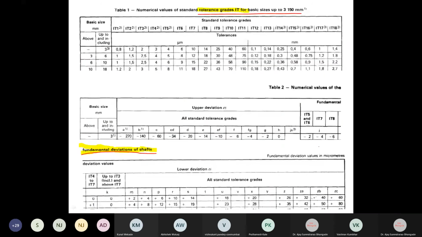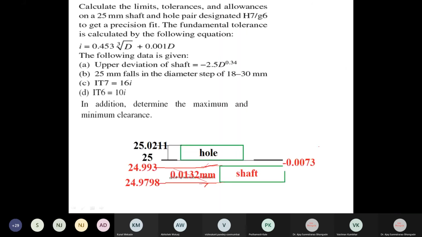I will try to summarize what we had seen today. We had seen how to calculate the maximum limit and minimum limit of the hole and the shaft, provided you are given, let us say, 25 H7 G6.